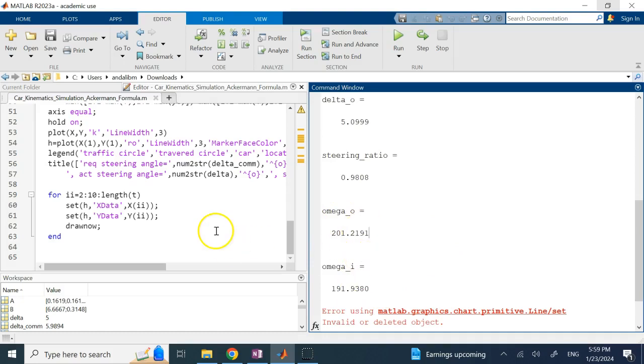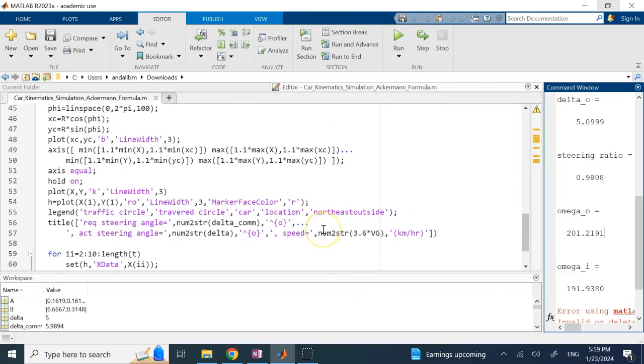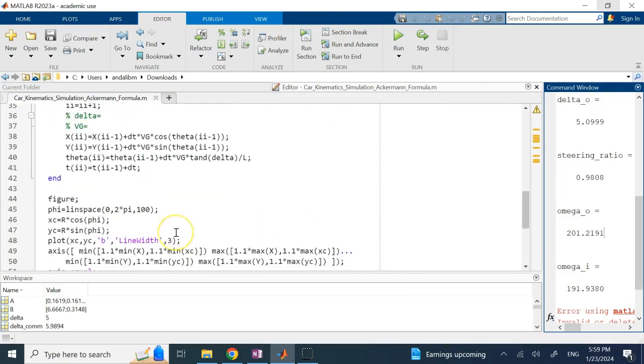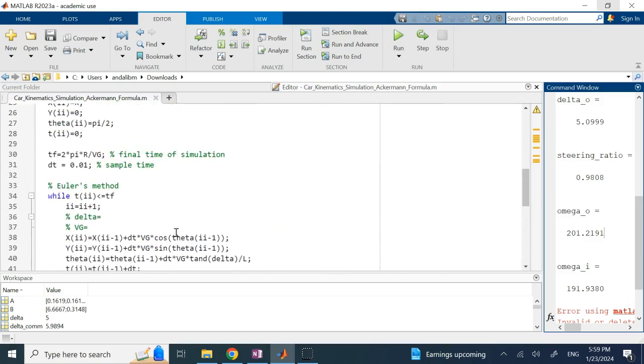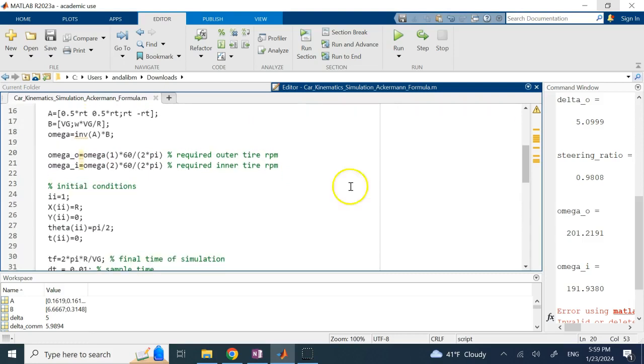These are in RPMs, by the way. I converted them into RPMs, and you can see that here when I calculated these omegas. I multiply them by 60 divided by 2 pi to convert them from radians per second to RPM.